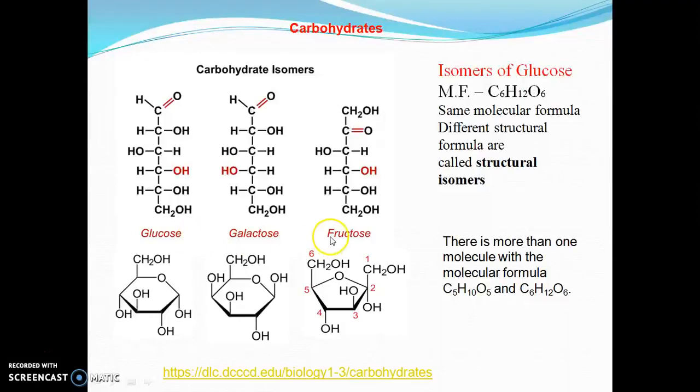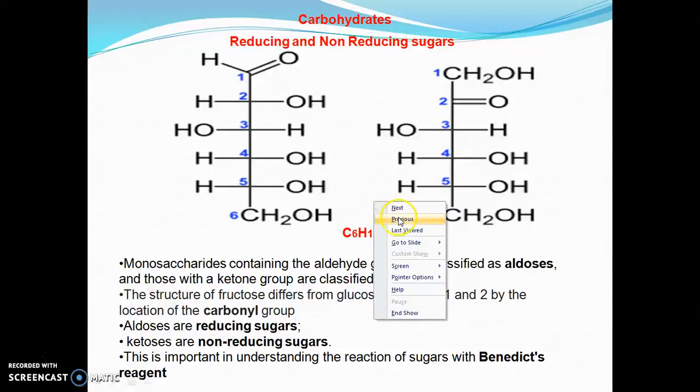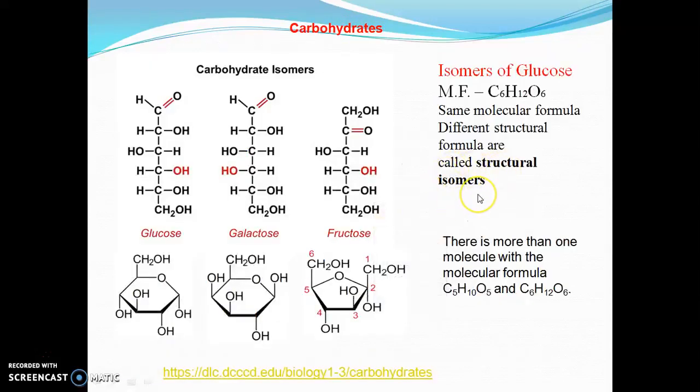So glucose, fructose, and galactose have the same chemical formula and are therefore isomers of glucose. If compounds possess the same molecular formula but different structural formulas, then they are called isomers, or structural isomers.